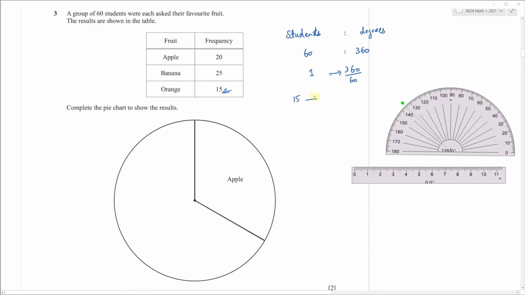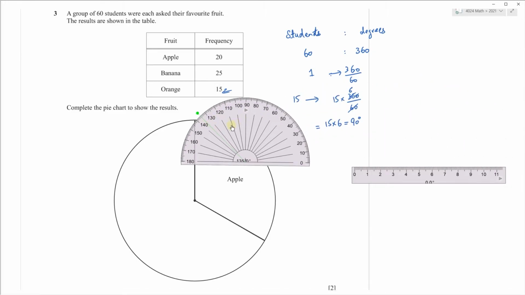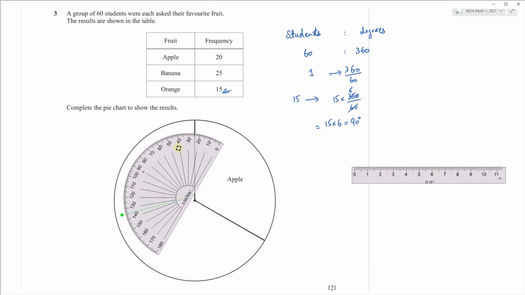And for 15 students, the angle will be 15 times 360 over 60. The 0s cancel out, and 6 times 6 is 36, which is 15 times 6, which is 90 degrees. So I can draw my line at an angle of 90 degrees.